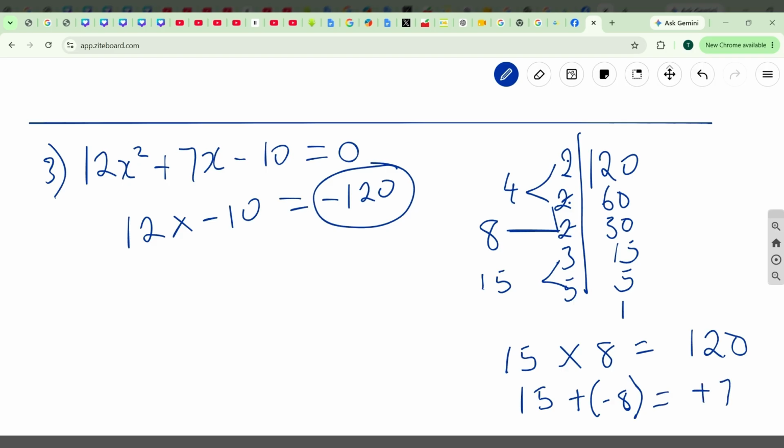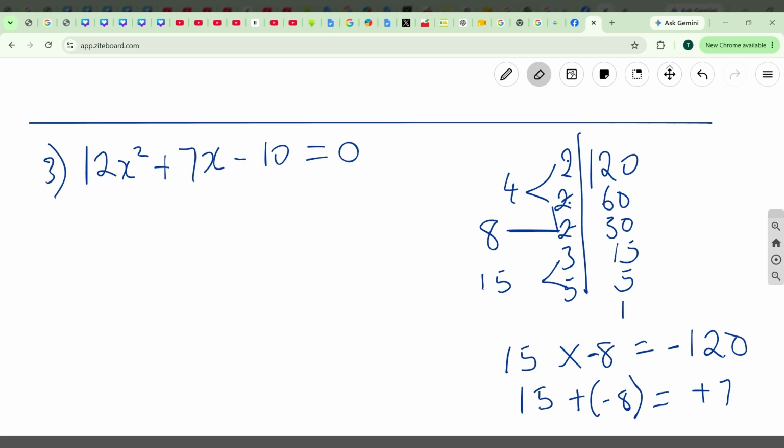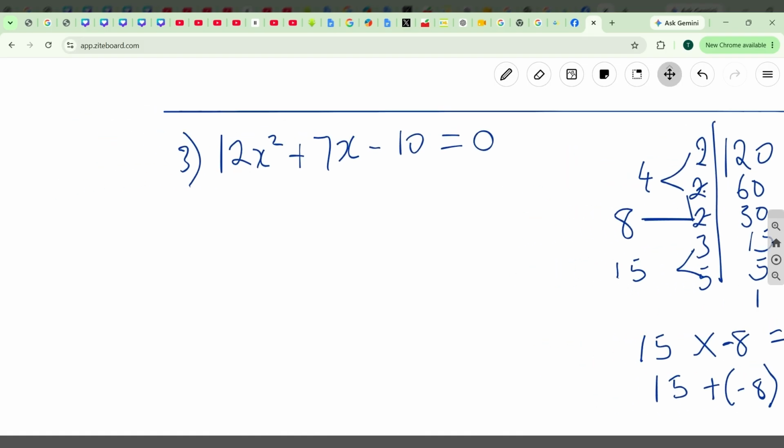So it's going to be negative 8, so that will have negative 120. So those numbers are 15 and negative 8. In less than a minute, we're able to find those two numbers. So let's work this out together with 15 and negative 8.